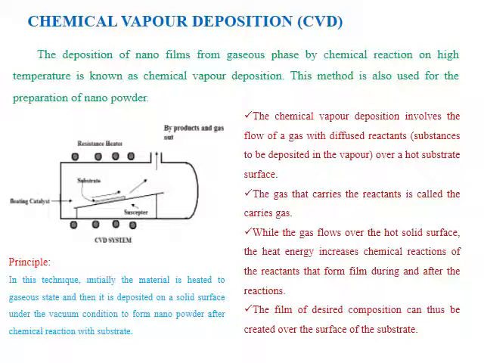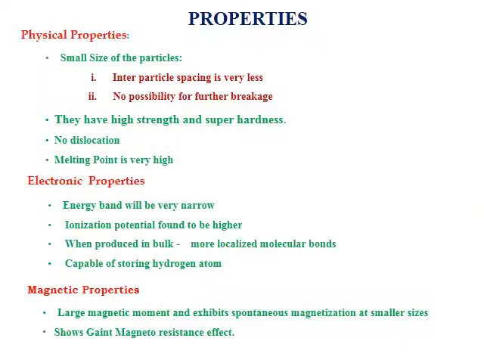This heat will be useful for keeping the substrate hot. When the reactant gas flows through this tube, it will react with the substrate and get deposited on the surface of the substrate, and the byproduct can be pumped out from the system. So this is a small process we use in the case of the chemical vapor deposition process.